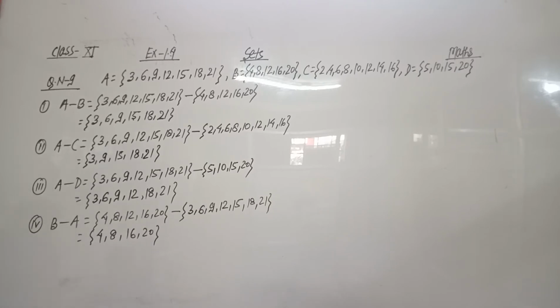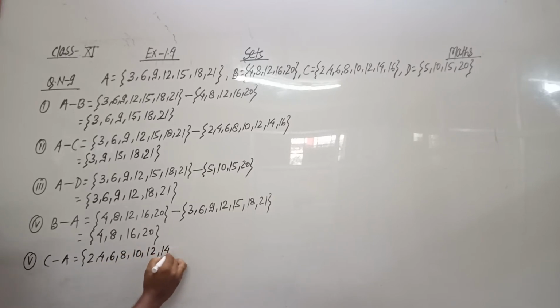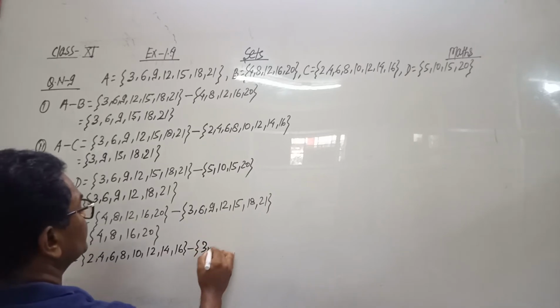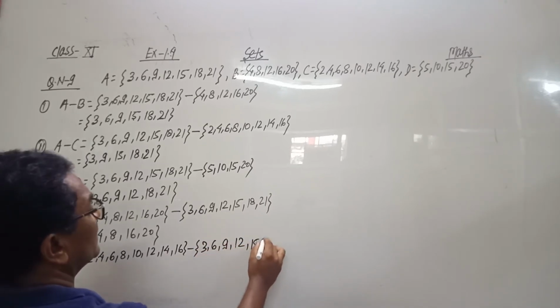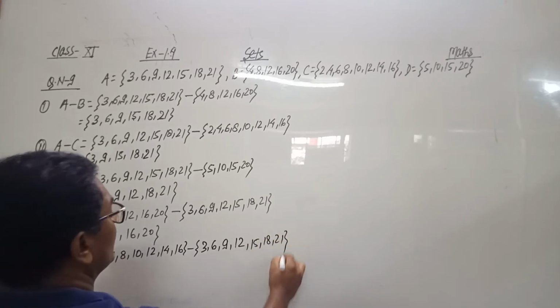Now next, C minus A. The elements of set C: 2, 4, 6, 8, 10, 12, 14, 16, minus A: 3, 6, 9, 12, 15, 18 and 21.